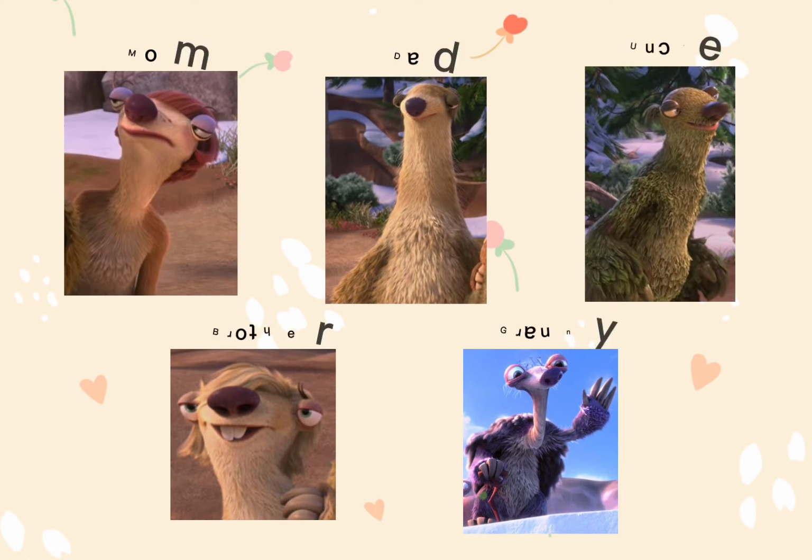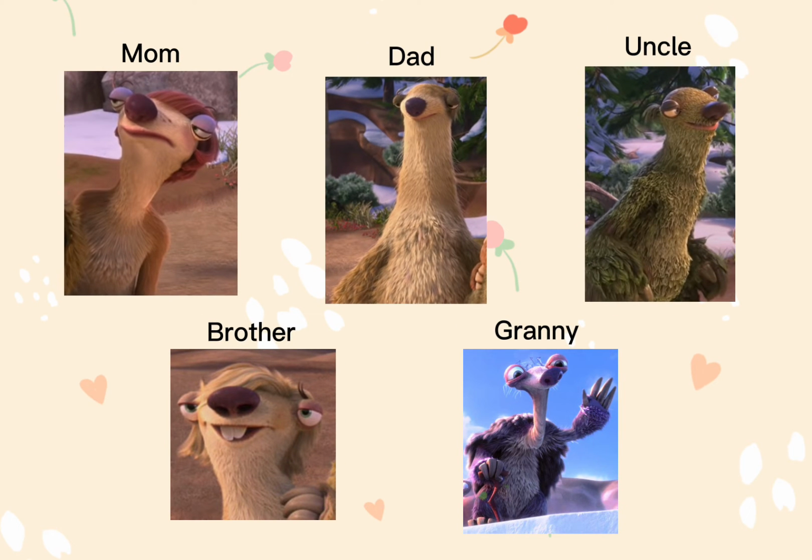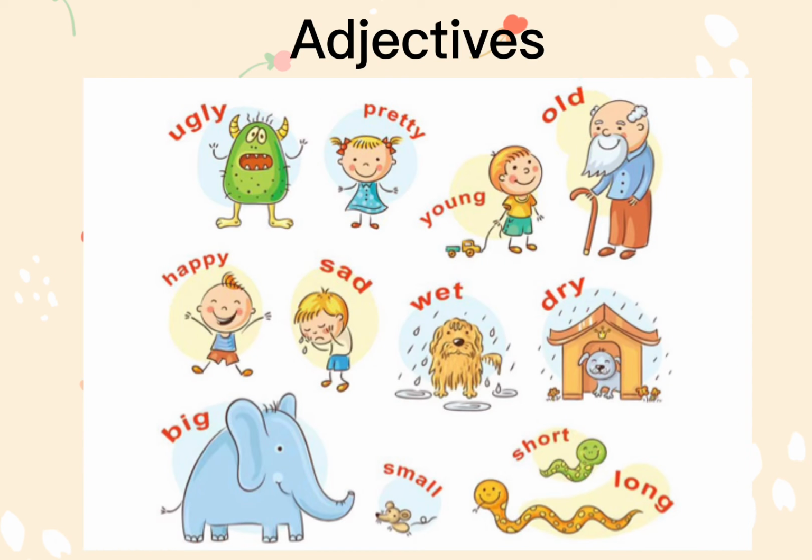Now that you recognize Sid's family members, let's do an activity describing them. We are going to use the next chart to learn the words to describe people and animals. Now I'm going to pronounce the words, so pay attention and repeat after me.